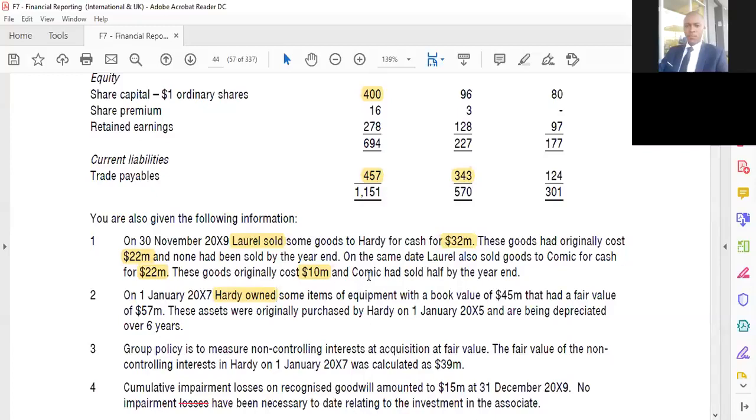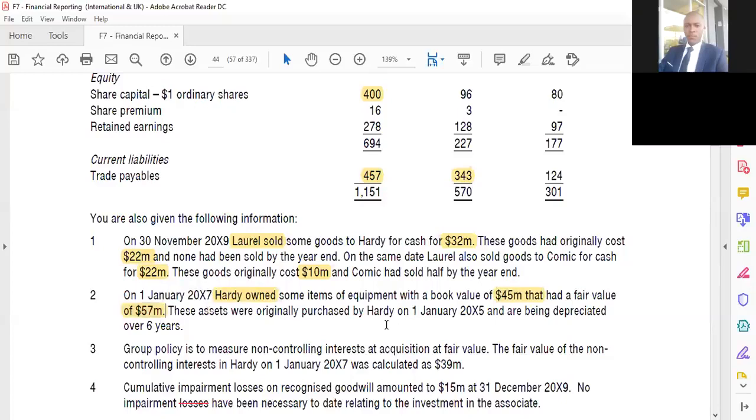See, the book value was 45. But what was the fair value? 57.